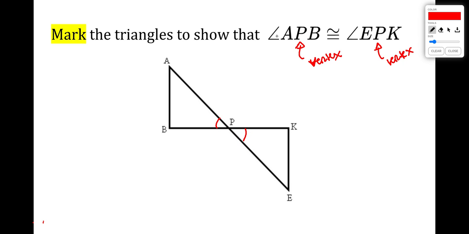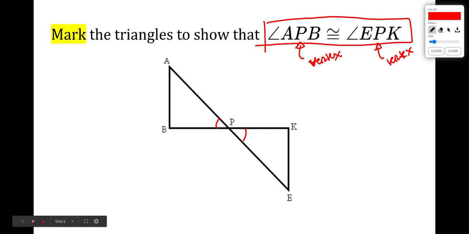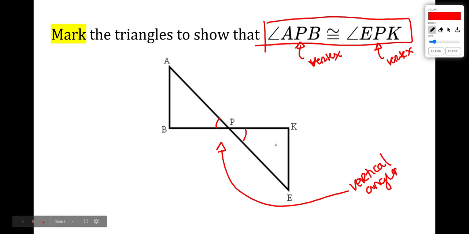Did you know that I didn't even actually need to tell you this? If I just gave you this picture and said, hey guys, mark what's congruent, that's what you would have come up with. Maybe you know something called vertical angles, we talked about those. Those are actually vertical angles. They're formed by two intersecting lines.